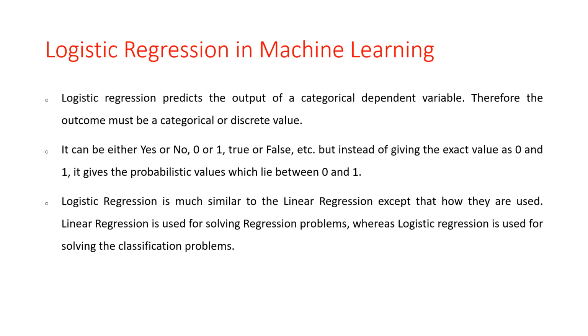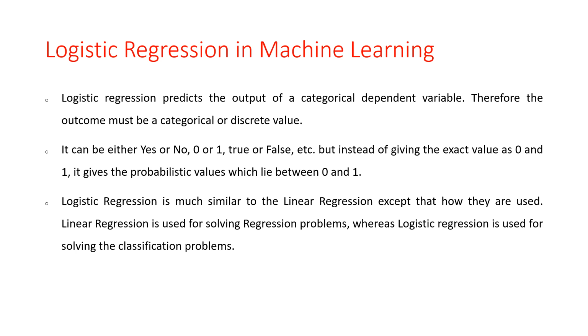So here, logistic regression is one of the most popular machine learning algorithms which comes under the supervised learning techniques. It is used for predicting the categorical dependent variable using a given set of independent variables. So logistic regression predicts the output of a categorical dependent variable.